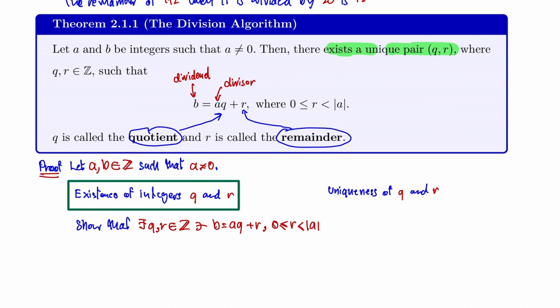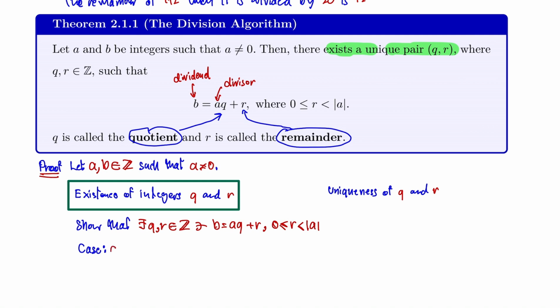Let's start with cases. Why? Because we have an integer a, and a is not 0, so we will split into many cases.